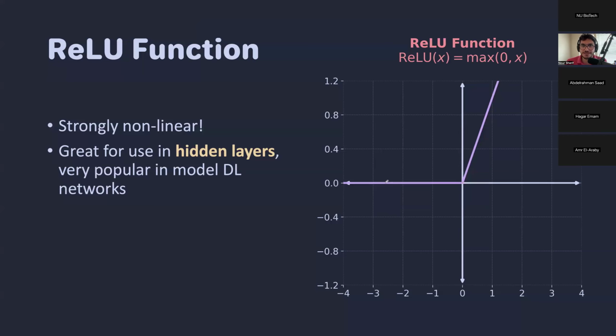So as you can see on this figure here, any negative input, to the left of the x-axis, it just returns 0. And then any positive value, it returns itself. So 1 would return 1, and 2 would return 2.